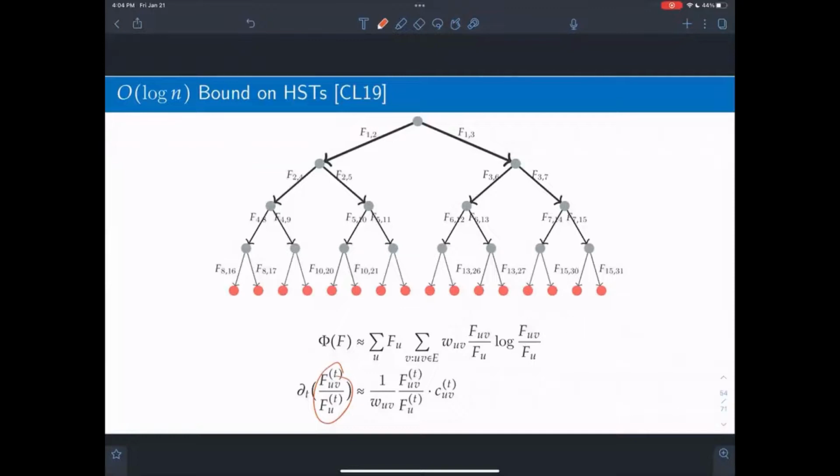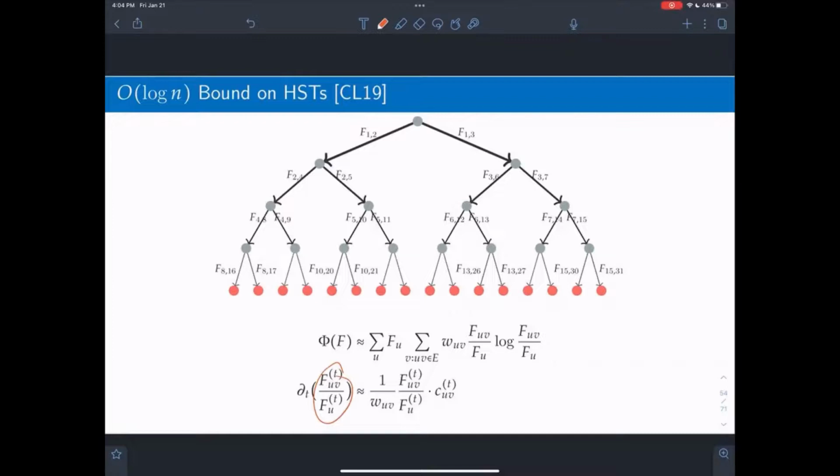As I alluded to earlier, the way prior work handled the case of general metrics is just via a simple black box reduction to these HST metrics. Then you would get a log n squared bound, but the conjecture is that we should be able to do log n on any metric.